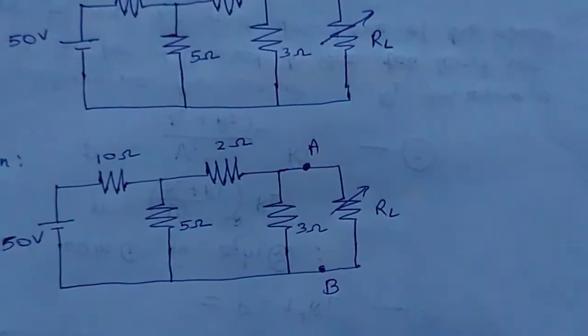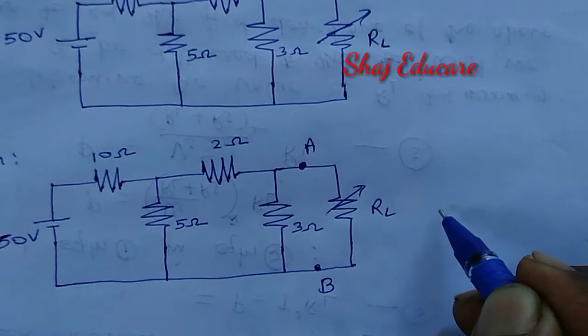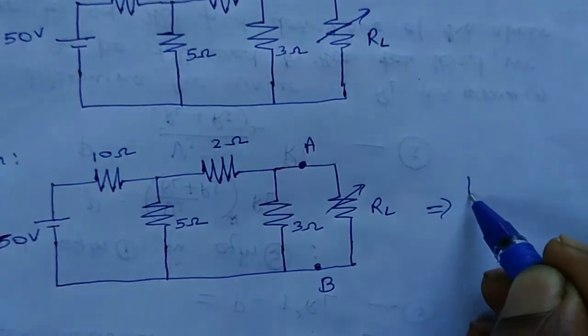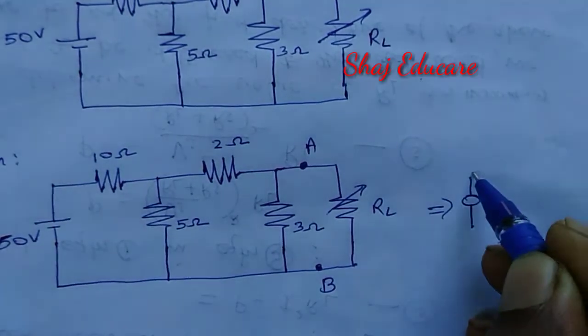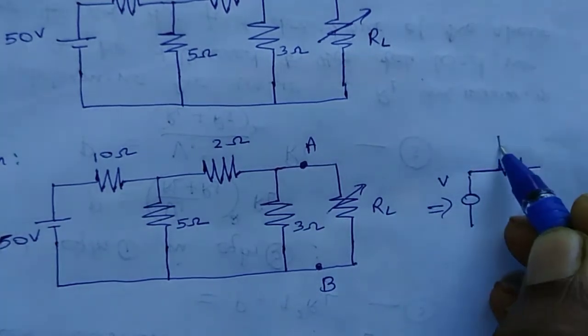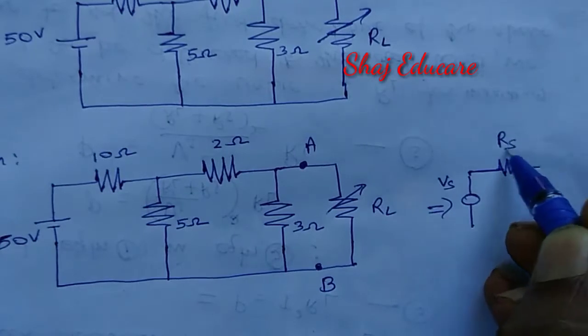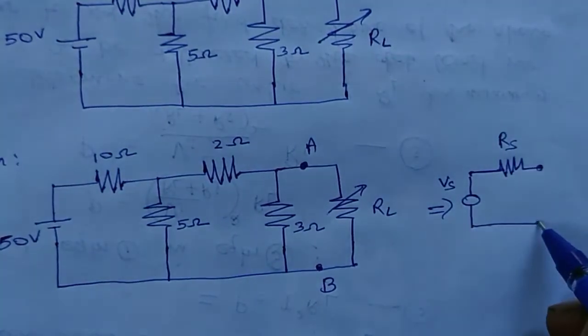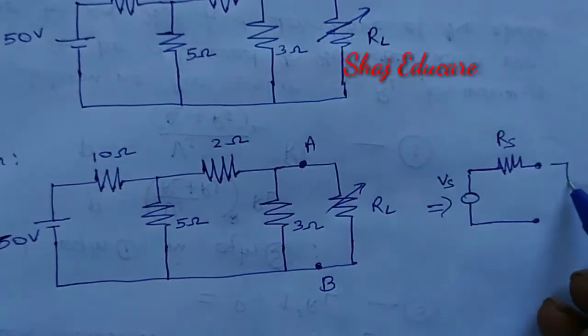In order to solve this question, I have to convert this circuit into this form: a single voltage source, say Vs, and a resistance Rs, followed by this load resistance.